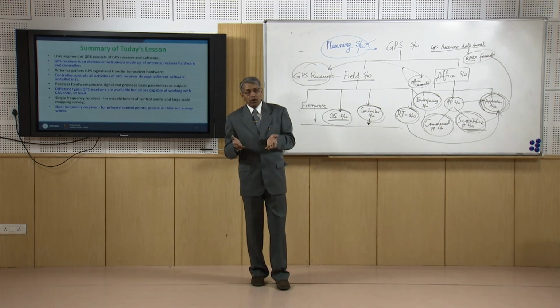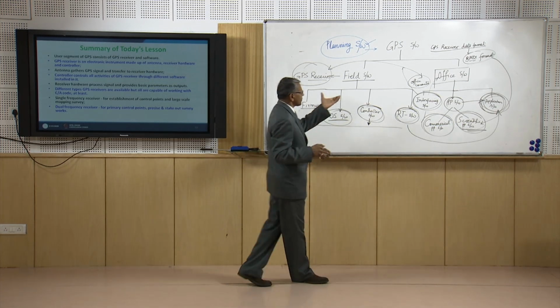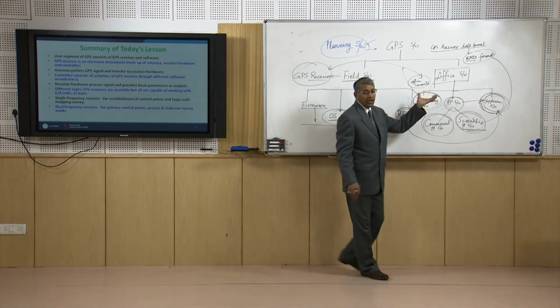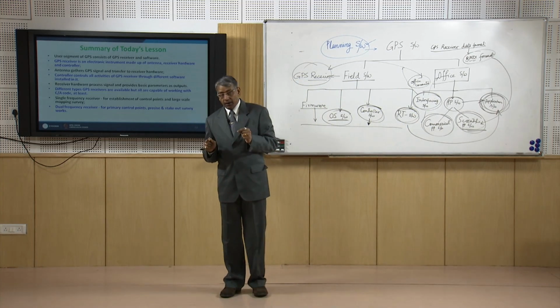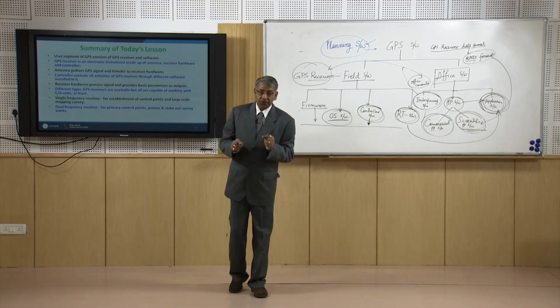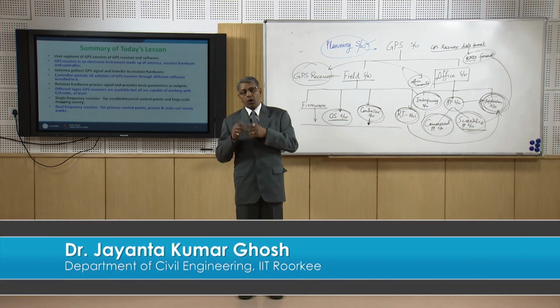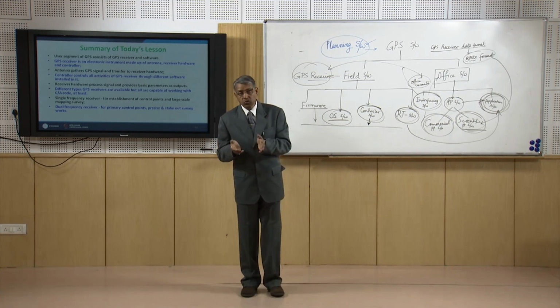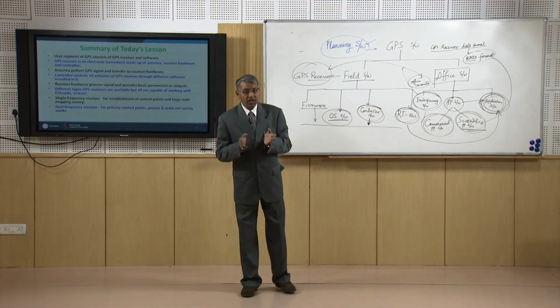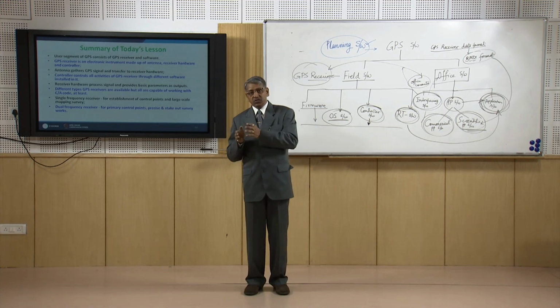These receivers get operated through some software. Softwares are of two basic types. One is called field software, another is called office software. Field softwares are used by the GPS receiver while it is used in the field, and office softwares are used for processing the field data collected using the GPS receiver.